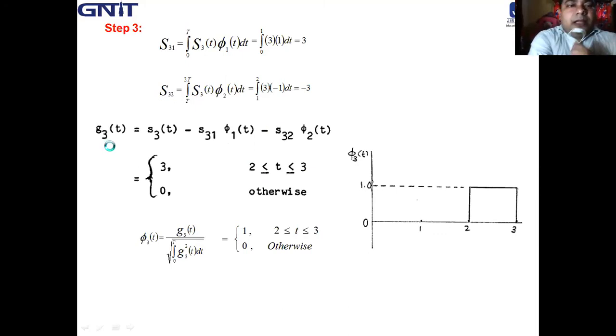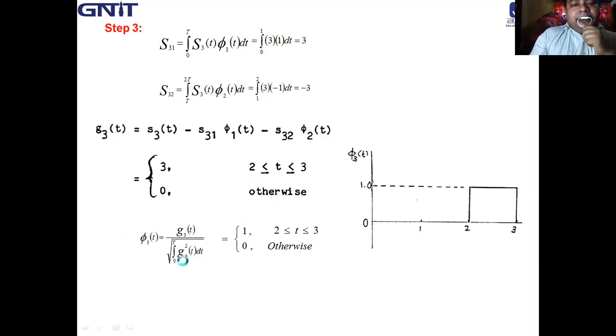Now move to the determination of G3(t). G3(t) is basically S3(t) minus S31 phi 1(t) minus S32 phi 2(t). If we calculate it, you can easily determine that G3(t) is 3 where t belongs to 2 to 3, and otherwise it is 0.